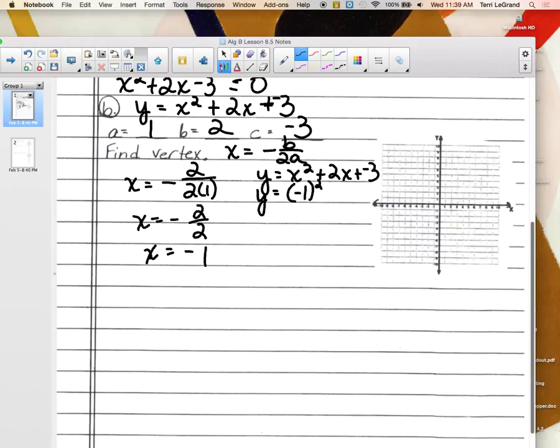That -1 has to go in parentheses, really important, to show multiplication. I'm just letting you work because I know you already know how to do this. We have done all kinds of this.